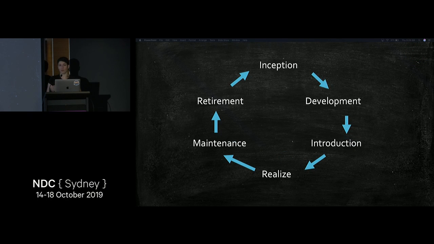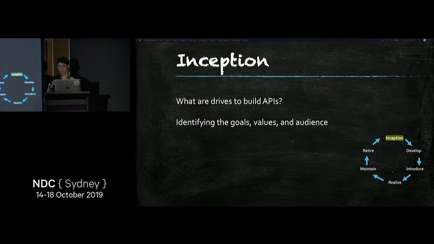Here was the maturity model. It's just a tiny snapshot of that again, just to say that we're going to concentrate on the maturity model again. Inception. Here it's just a review again about Inception. We said that each API has an Inception. On Inception, we need to say what are the things that drive you to build an API.